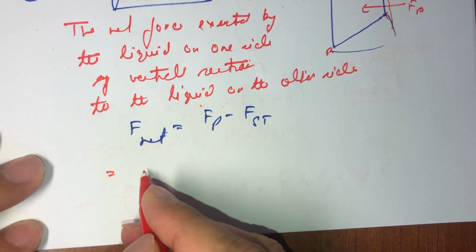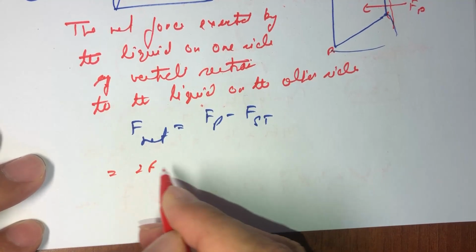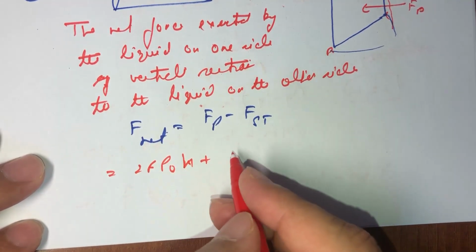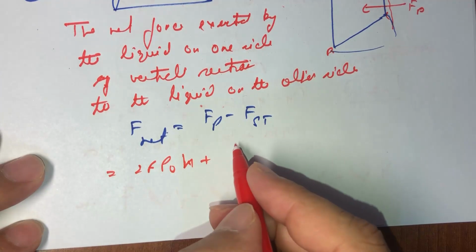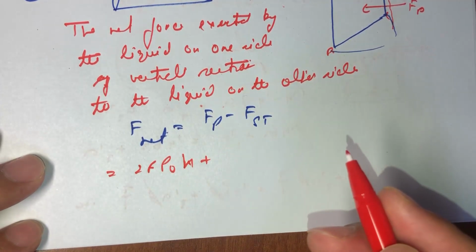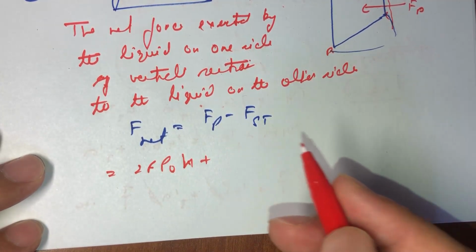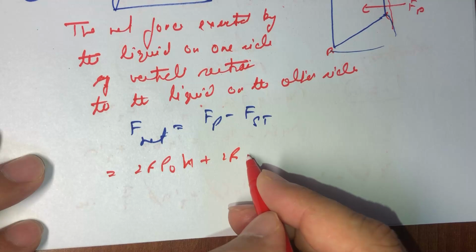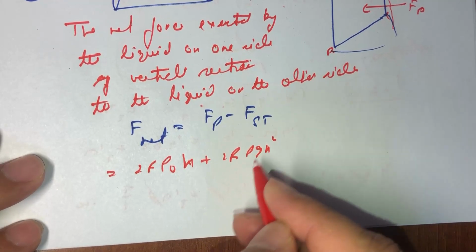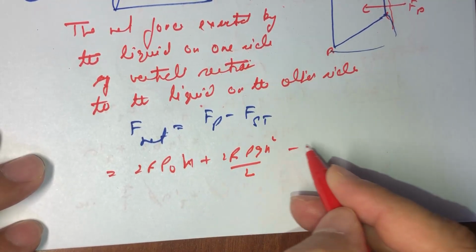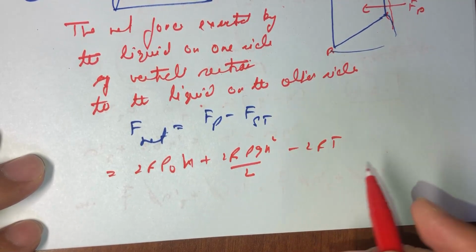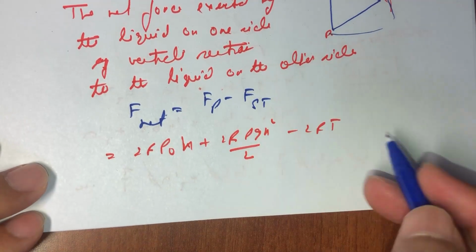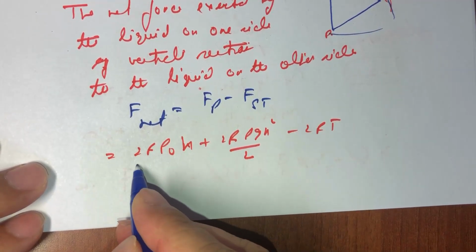FP was 2R P naught H plus 2R rho G H square divided by 2, and minus 2R T. So in this case there are three terms.